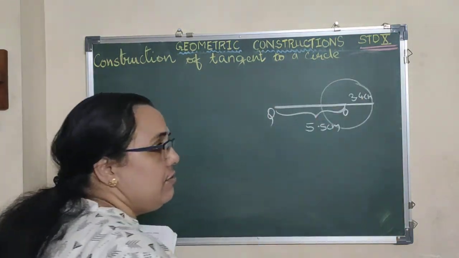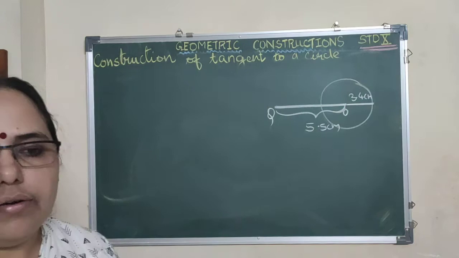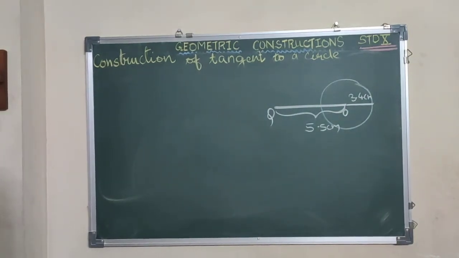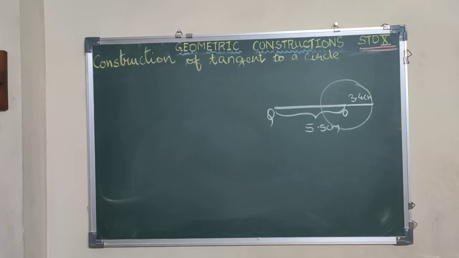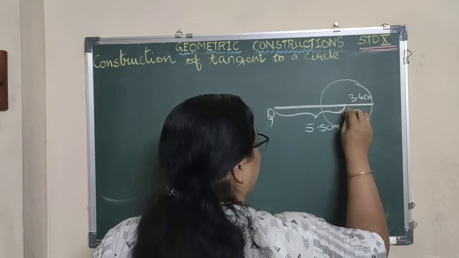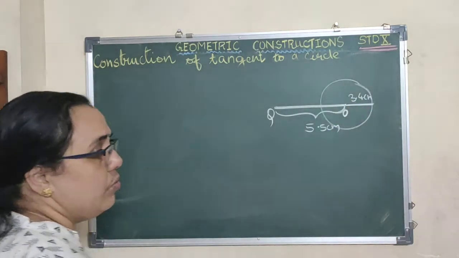How will the tangents come? For that, first and foremost, we have to remember, we are going to use the same property, that a line perpendicular to the radius is the tangent, or a tangent is perpendicular to the radius of the circle. So keeping that in mind, first and foremost we are interested in OQ.